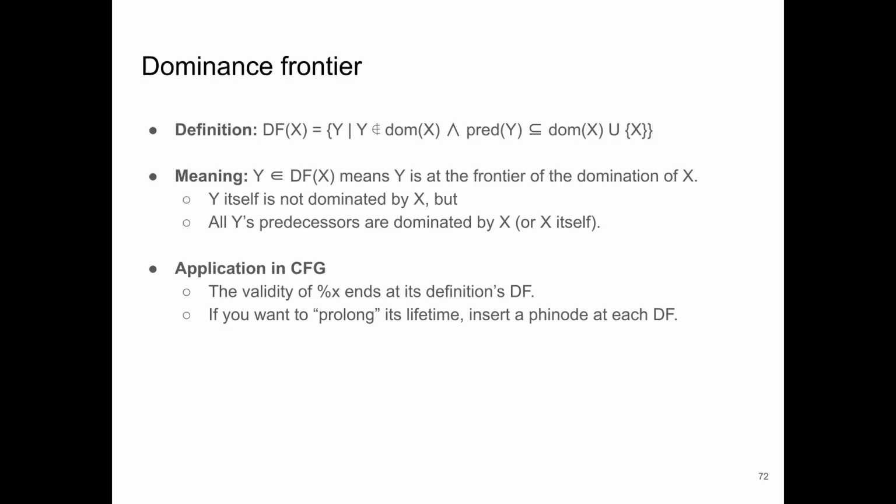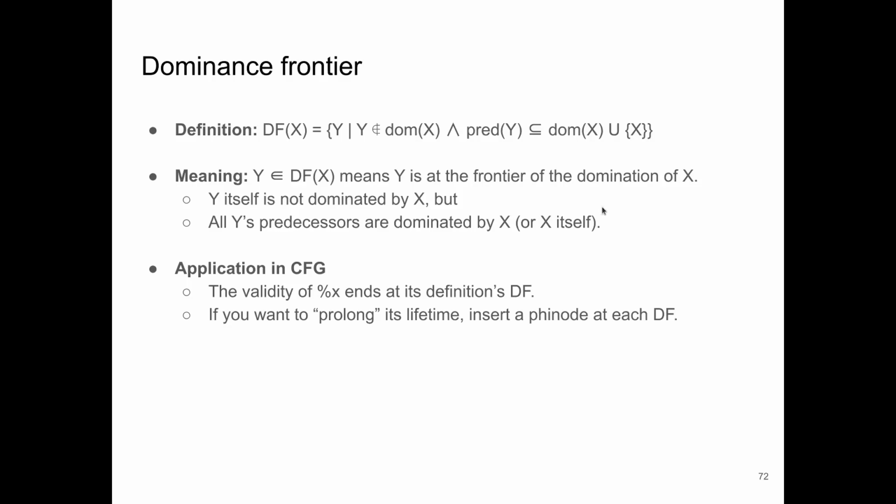So that's the definition of this dominance frontier. So this is the meaning again. Y is at the dominance frontier of X means Y is at the frontier of the domination of X. In other words, Y itself is not dominated, but all Y's predecessors are dominated by X, or it is X itself. So that's basically the meaning of this.